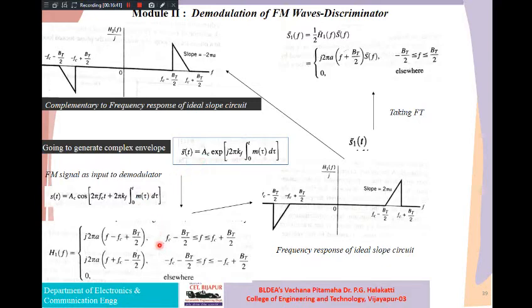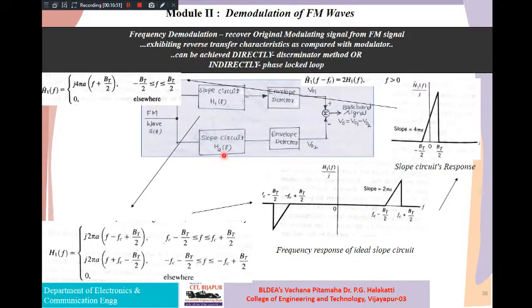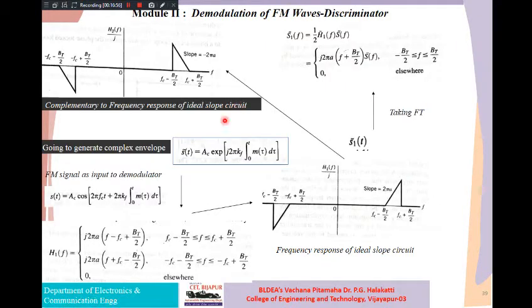Now we are simply applying such an FM signal, having this kind of complex envelope, as input to the slope circuit having transfer function H1 of f, with the characteristics we have already discussed. Then what output is it providing? Input we have given S hyphen of t, the complex envelope of the FM signal.